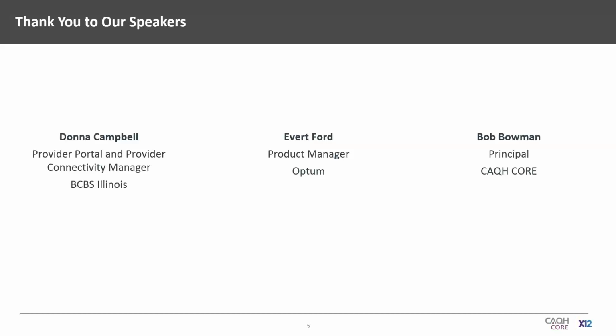Sure. I am a product manager for Optum as part of United Health Group. I deal with validation product. It's buried in certain other products. The name of it is Velocity, and that's spelled with an EDI on the end of it. And it basically looks at X12 rules for all types of transactions and validates whether or not that transaction follows TR3 guidelines and X12 rules and generates errors if it doesn't.